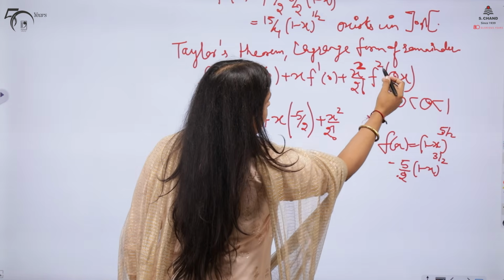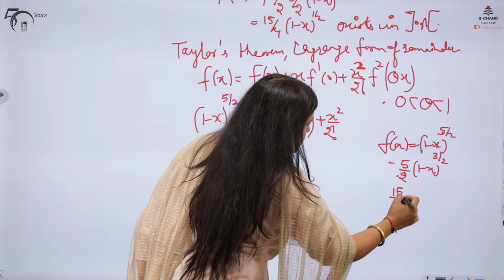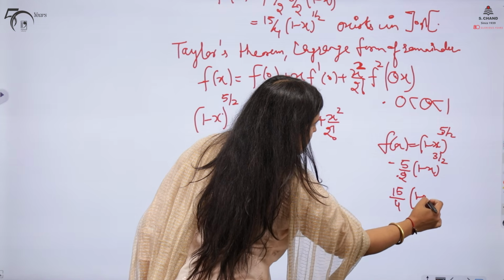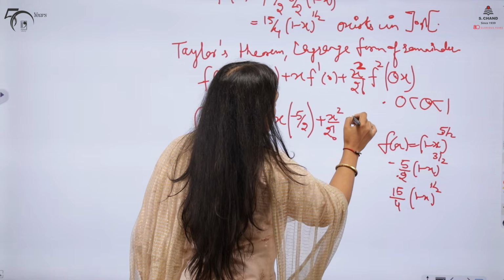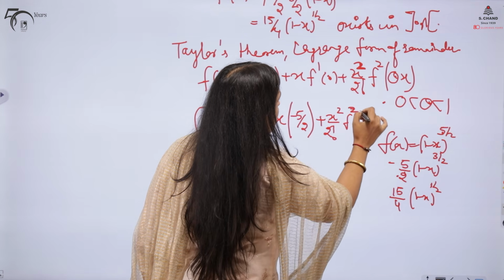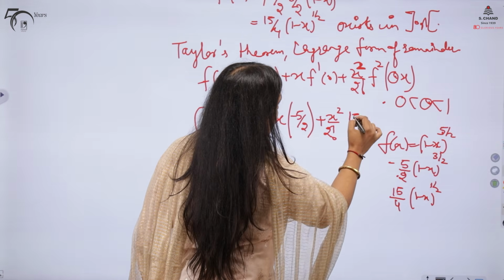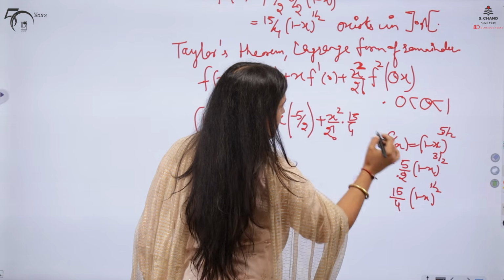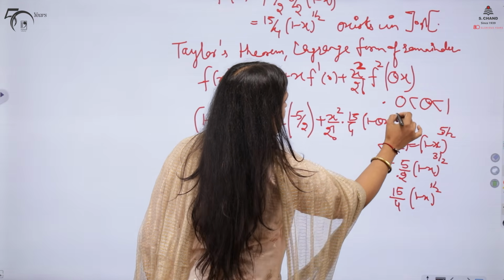Then the second derivative was 15 by 4, (1 minus x) to the power half. Put x equal to 0. When you substitute this, f double dash at theta x will give you 15 by 4, (1 minus theta x) to the power half.